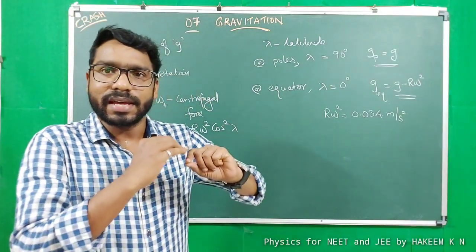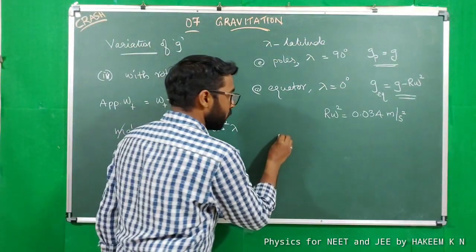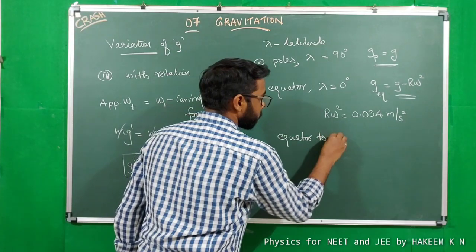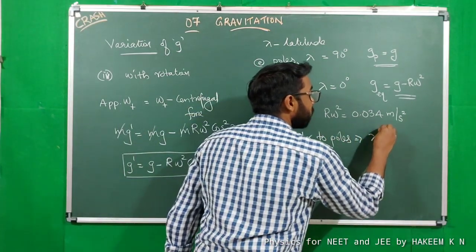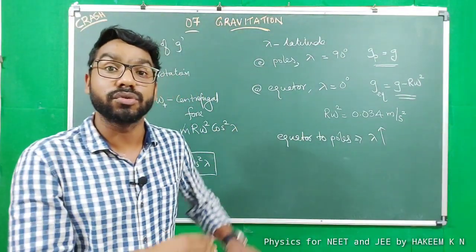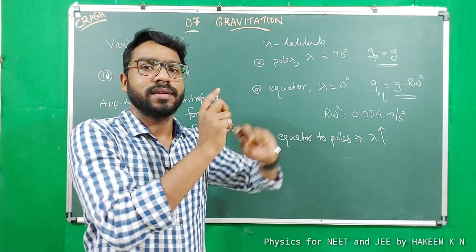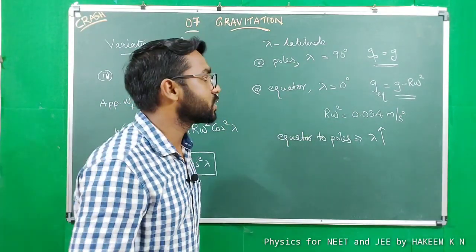So as the body goes from equator to poles, what happens? Latitude lambda increases. As latitude increases, the effect of rotation decreases.